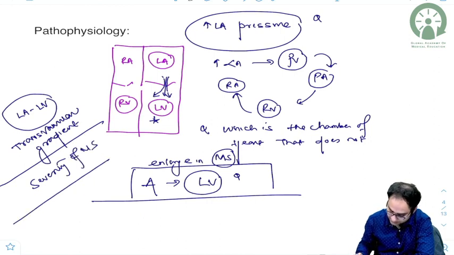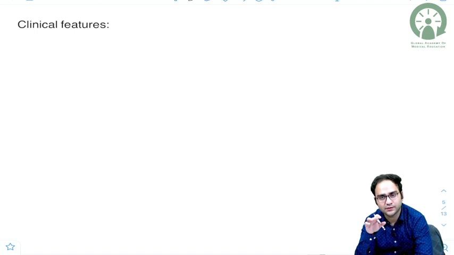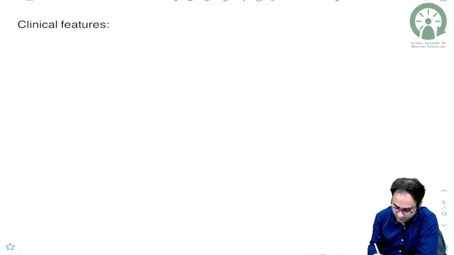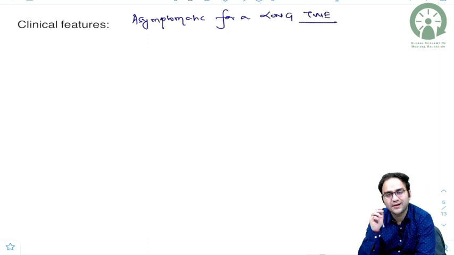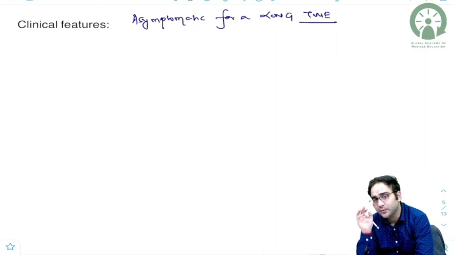Next we shall move into the clinical features. Mitral stenosis can remain asymptomatic for a long time, but there are conditions when it can produce symptoms.